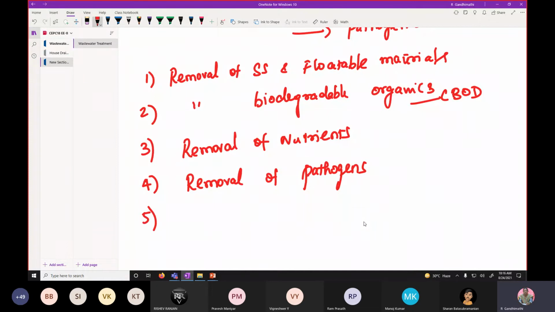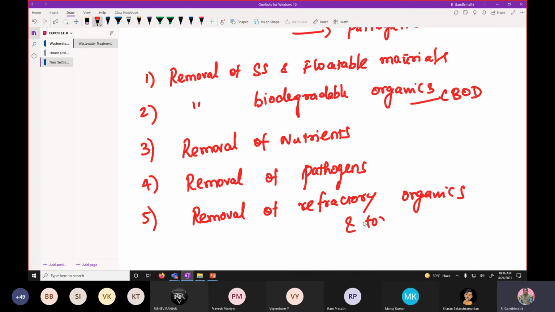In addition to that, if it is industrial wastewater, it contains a lot of refractory organics, and some toxic components. Is it clear? You should not begin with the removal of toxic components.